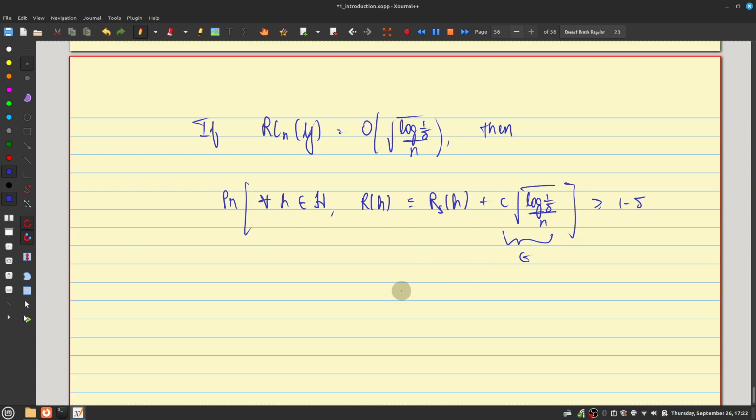What does that tell me about n? c times square root log 1 over delta by n is equal to epsilon, which implies that if I square both sides and rearrange, I'll get n to be equal to c by epsilon square times log 1 over delta.